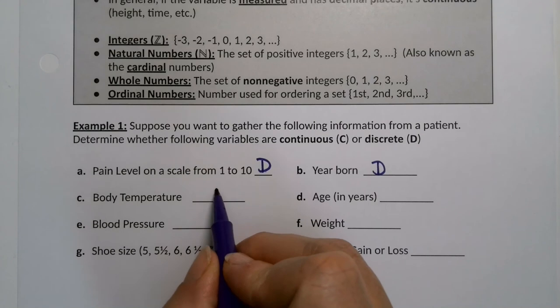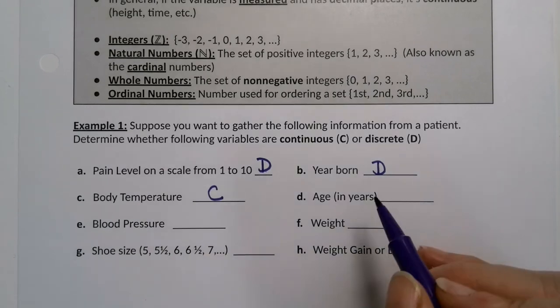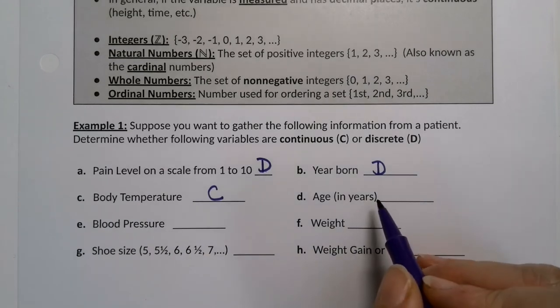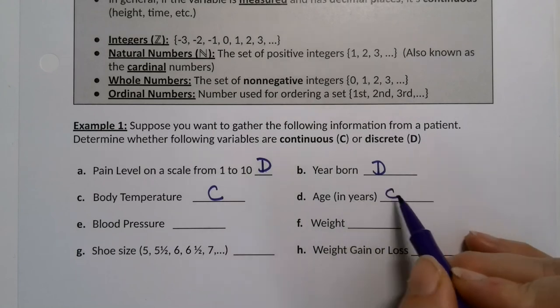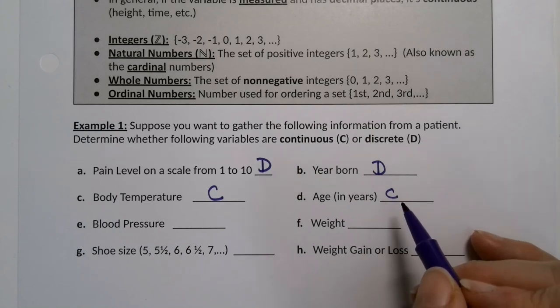Your body temperature, on the other hand, is continuous. You can get more decimal places in body temperature if you just try. Age, well, age is a tricky one. Age is actually continuous. And think about it right now, as you sit and watch this, you're getting older and older. Oh wait, now you're older again, and you're older some more, right? It's going and going and going.